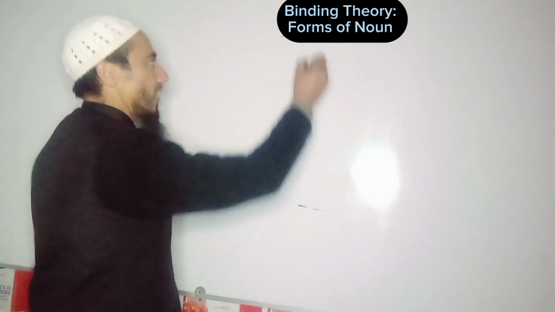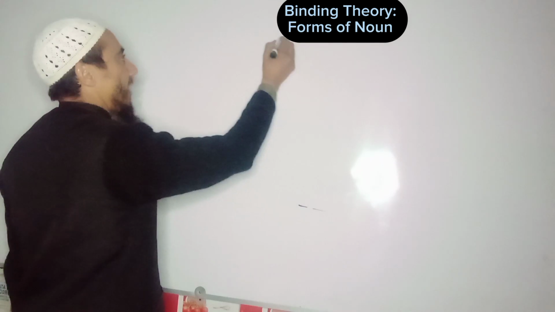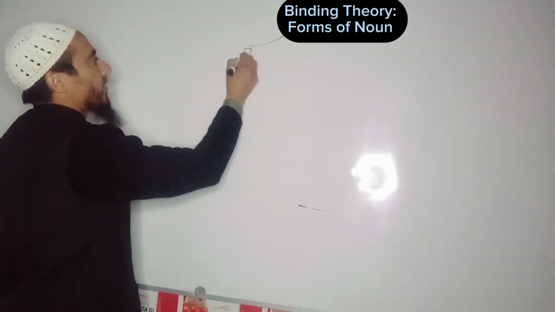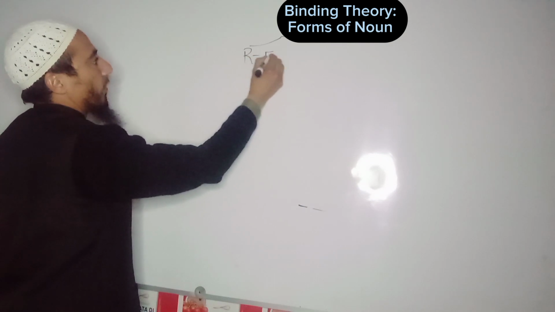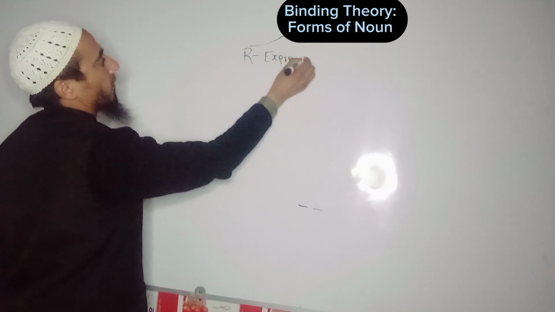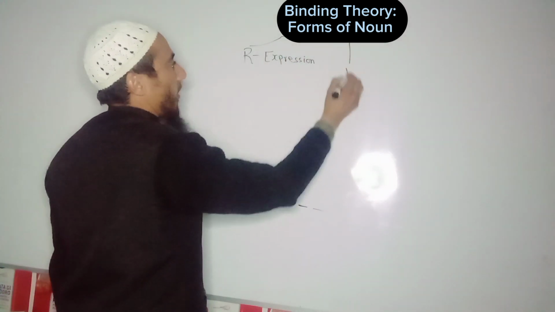In binding theory, we have three types of noun. First of all, we have R-expressions. Next, we have pronouns.